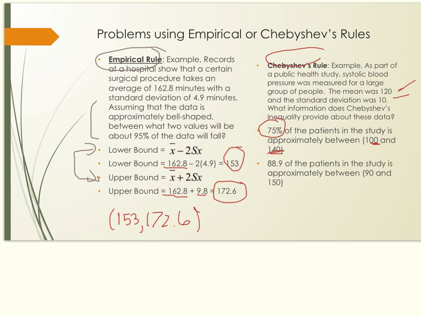And so for 89% of the data, the study found that the systolic blood pressure is between 90 and 150. And again, we calculate that by multiplying 3 times 10, which is the standard deviation, and adding it and subtracting it to the mean value of 120.